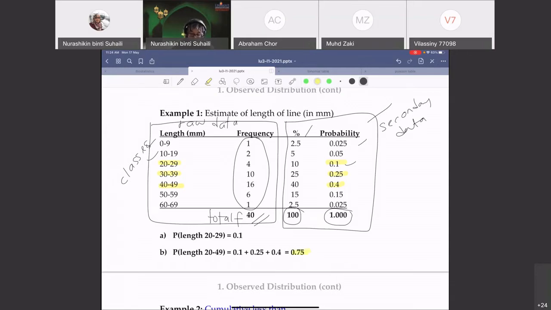So the answer is 0.75. That is the probability of the event or the measurement from 20 to 49. So this is the observed distribution. We don't refer to any table. We just analyze the data as it is, from the data itself.